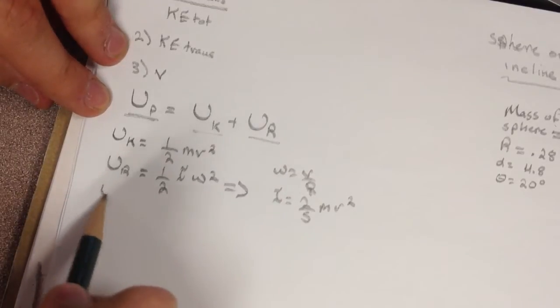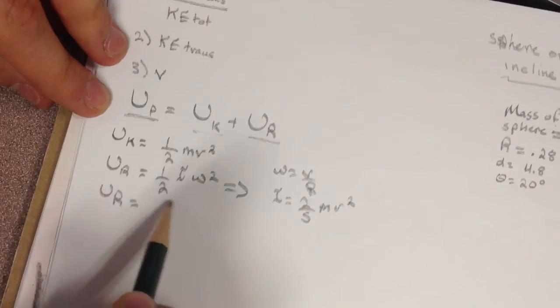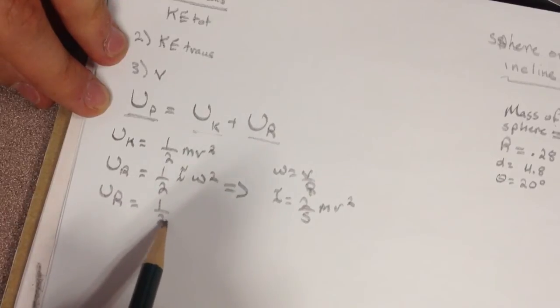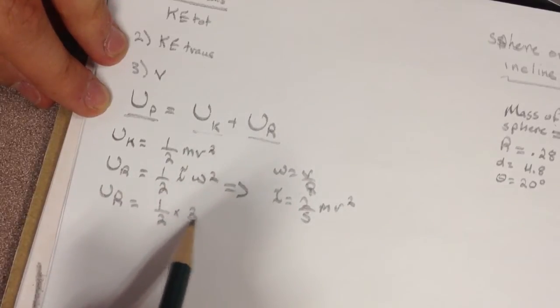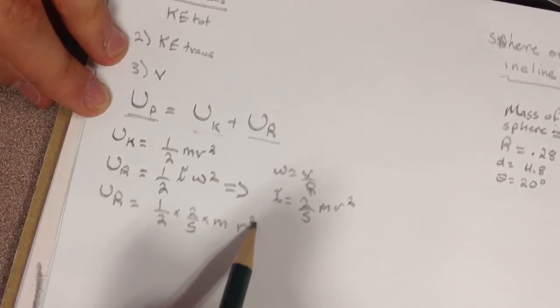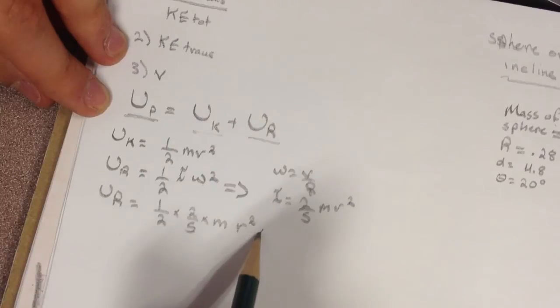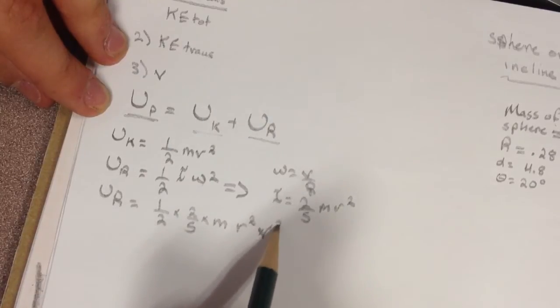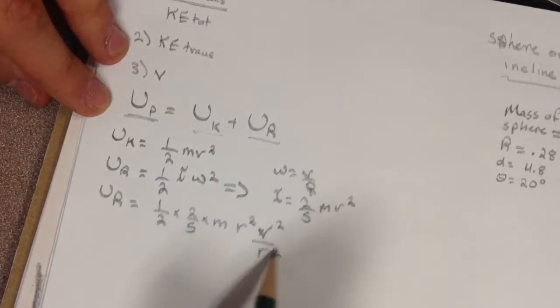So KR will be half times 2/5 times r squared, times v squared over r squared.